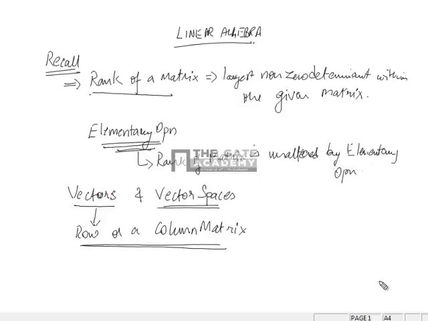The moment you associate a physical meaning, it crosses 3 dimensions. It becomes very hard to visualize how a 4-dimensional or 7-dimensional vector will look. So in this discussion, a vector is either a row or a column matrix to me.